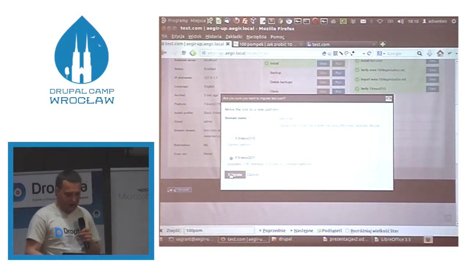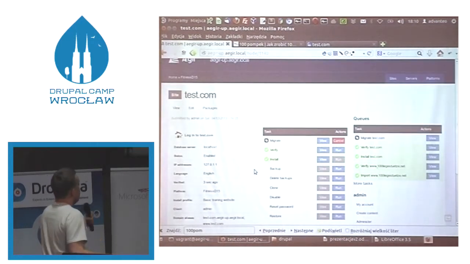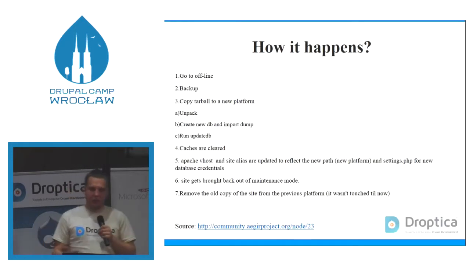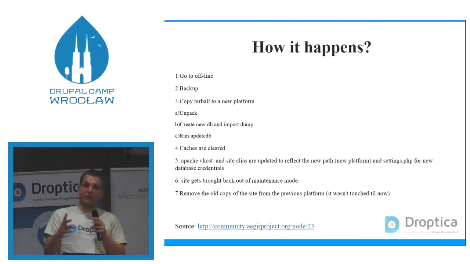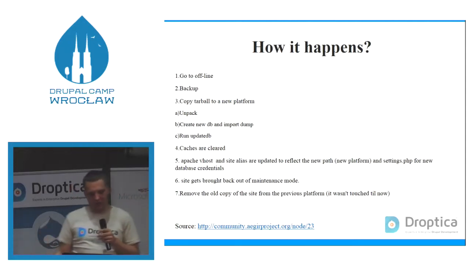Now it has to wait for a cron run to actually launch this task. What it does, I actually have it written here. It will put the site offline, and it will back it up. That's very important. You don't have to back up before each single update because Aegir does it for you.